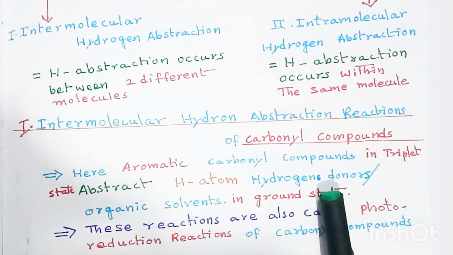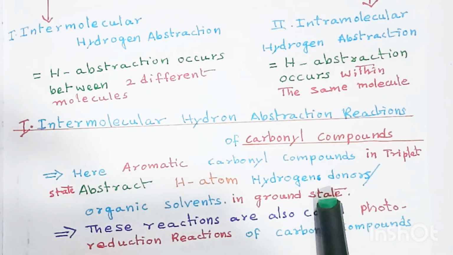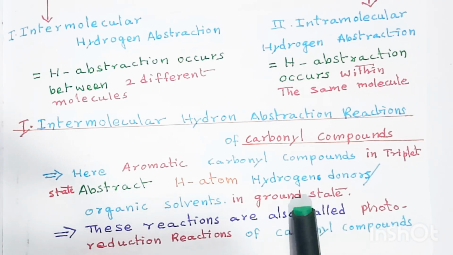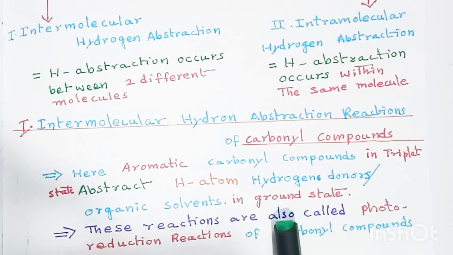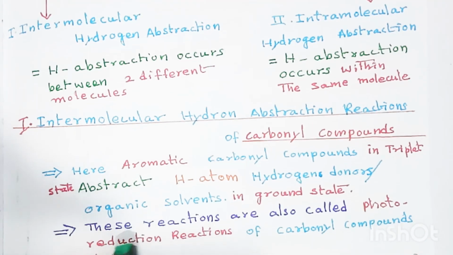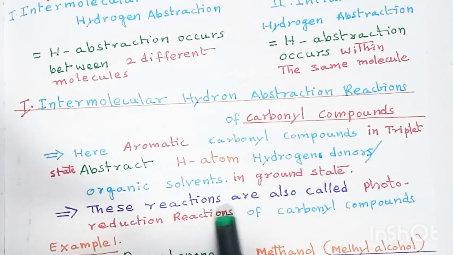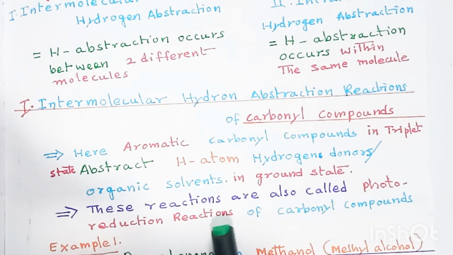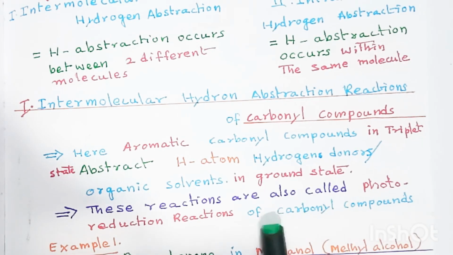These hydrogen donors are methyl alcohol, isopropyl alcohol, benzhydrol, toluene, etc. About these we have already learnt. These reactions are also called photoreduction reactions of carbonyl compounds.